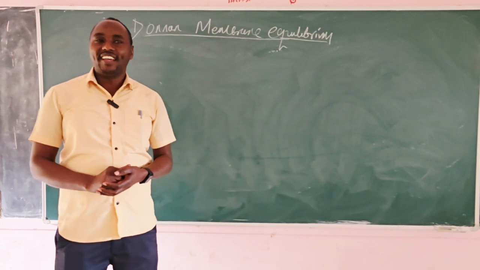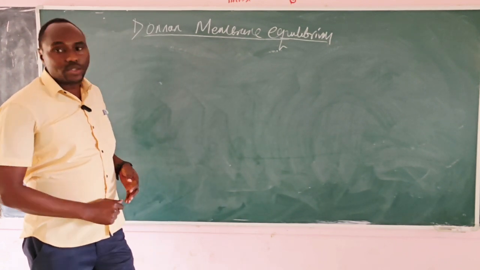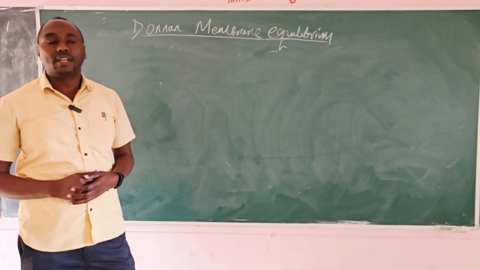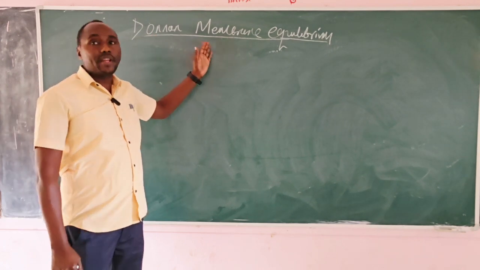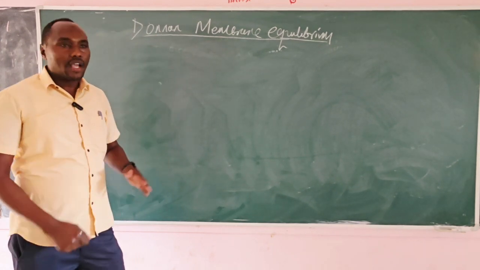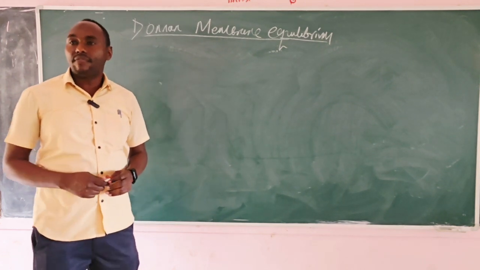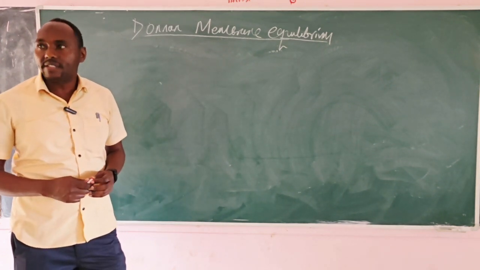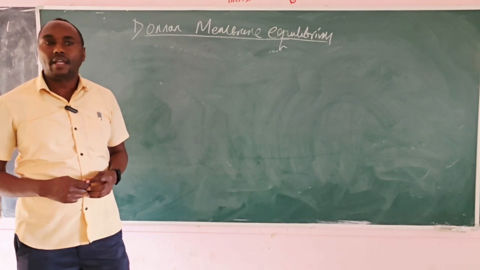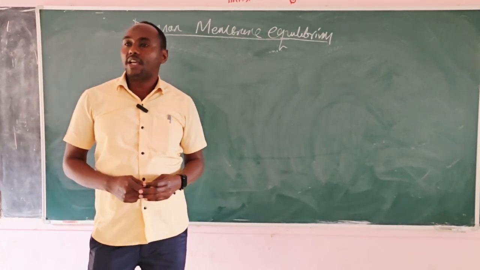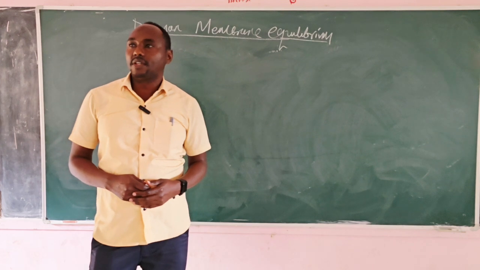Today we are going to learn about Donnan membrane equilibrium. Donnan membrane equilibrium is a phenomenon which explains diffusible ions and non-diffusible ions.